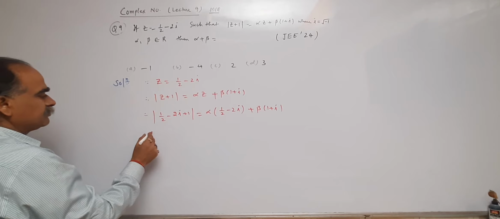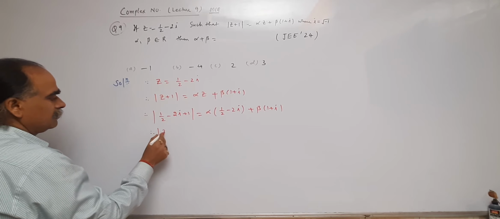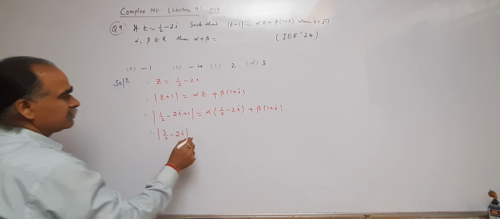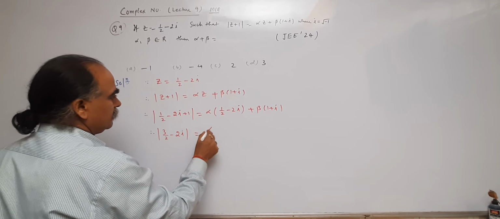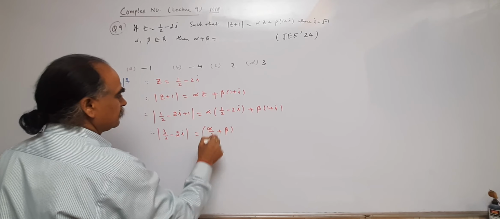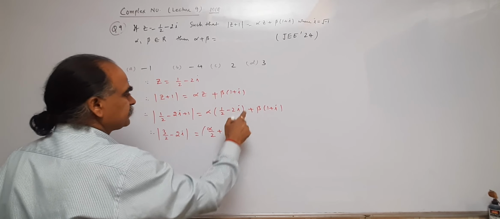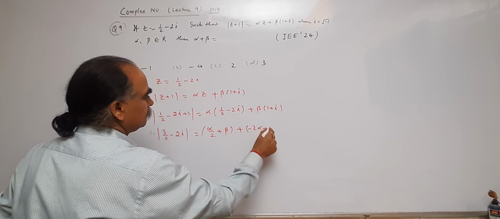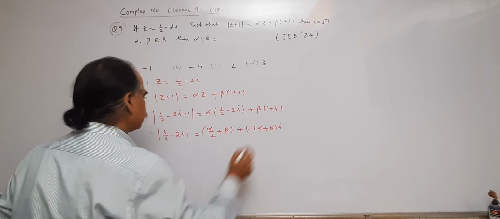This is 3 by 2 minus 2i, alpha by 2 plus beta, plus minus 2 alpha plus beta i.